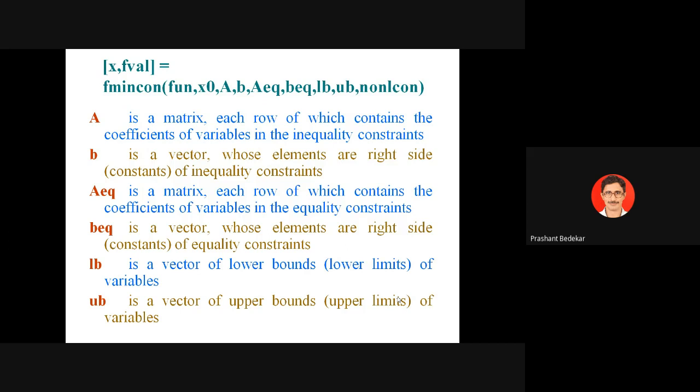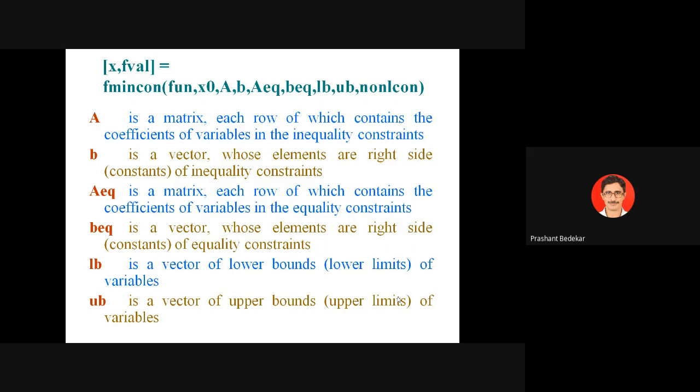Now talking about the last term, that is nonlcon. Non indicates non, L indicates linear, so non-linear, and CON means constraints. See, we have taken care of everything apart from non-linear constraints. So we have to specify non-linear constraints, and non-linear constraints can be of two categories: non-linear inequalities and non-linear equalities.